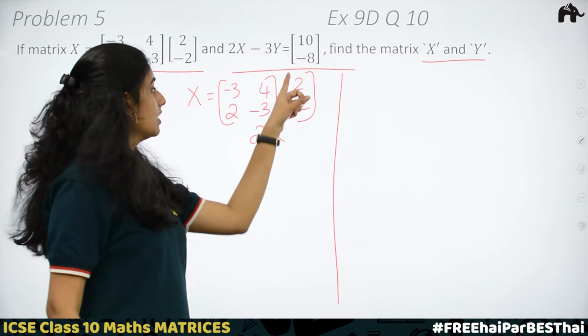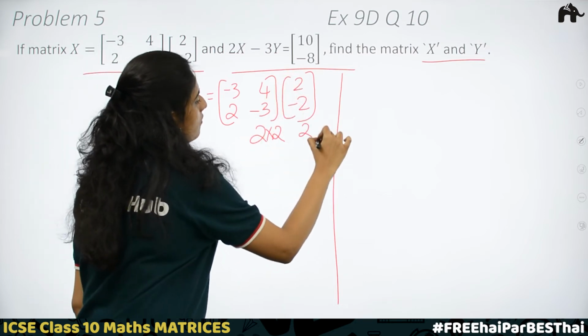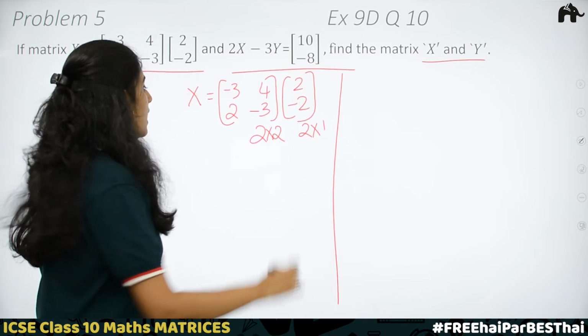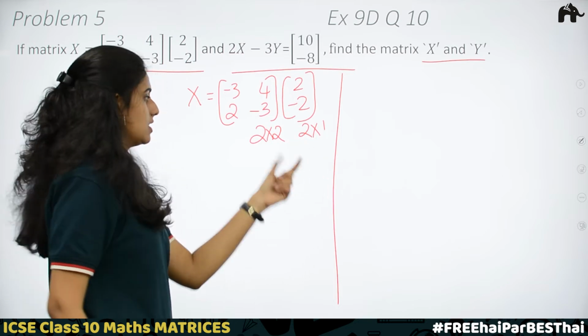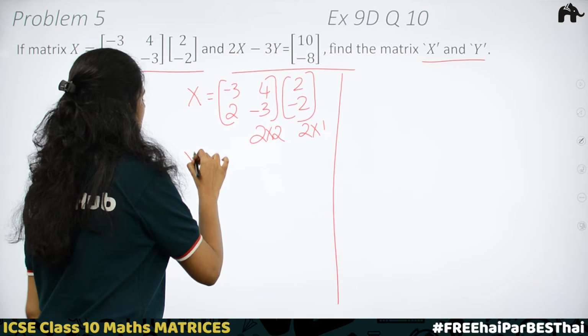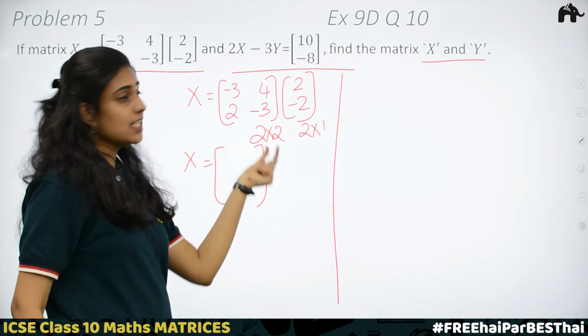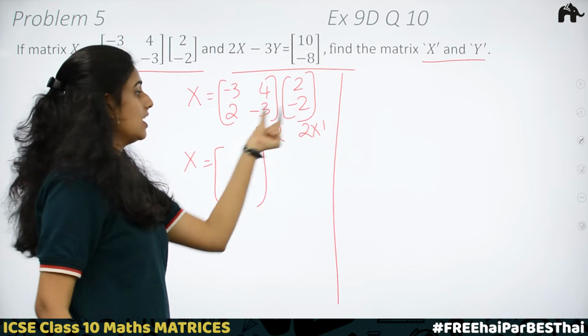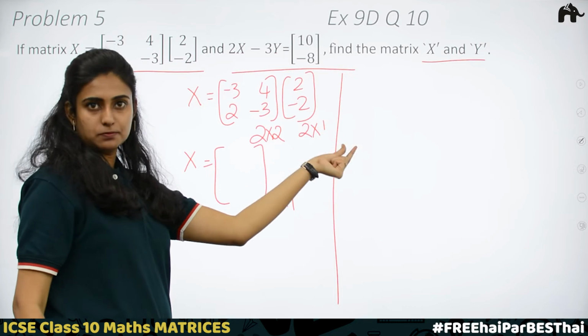This is a 2 by 1 matrix, 2 rows and 1 column. Here the number of columns is equal to number of rows in the second matrix, which means the matrix multiplication is possible. What is the order of the new product matrix? 2 by 2 matrix and 2 by 1 matrix. Then the order of the new matrix should be 2 by 1, M by P.